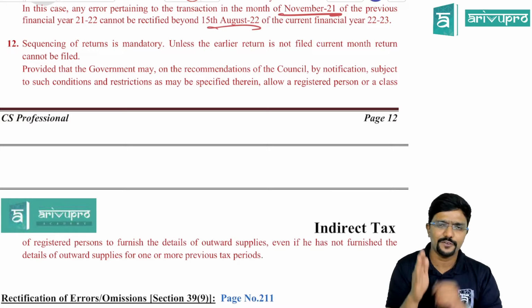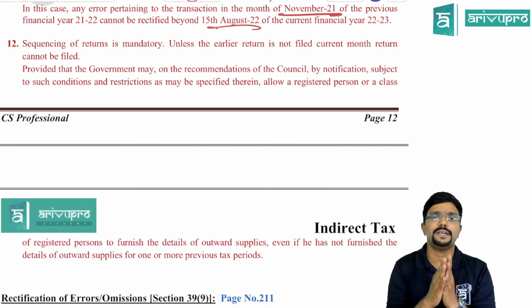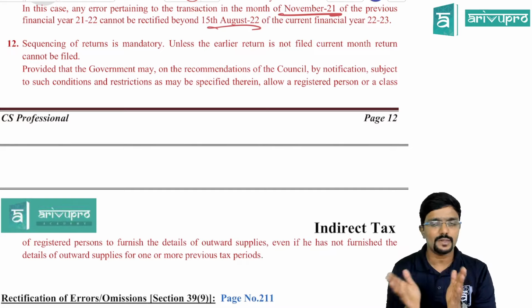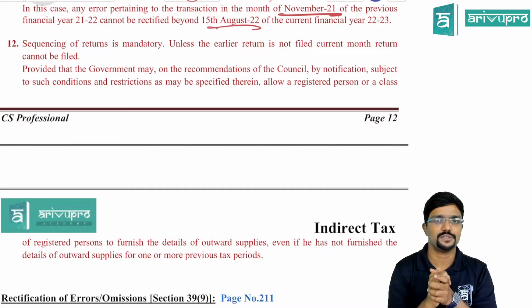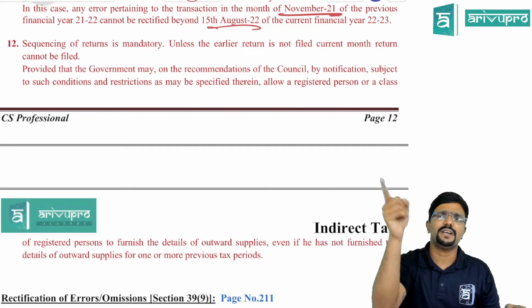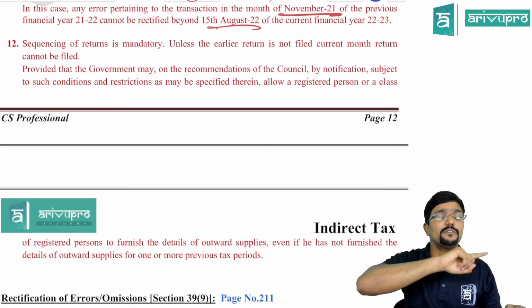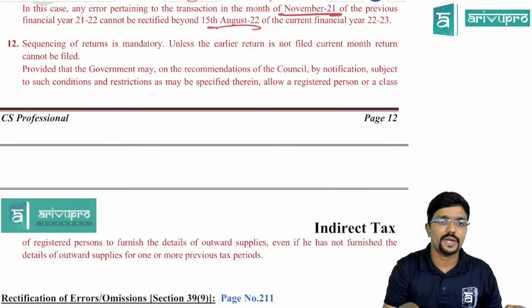Okay, means actually if you have not filed your returns for the previous tax periods, then you cannot file the returns for the next periods. But government has a power to give exemption. Even though you have not filed the returns for the previous period, government can allow a particular person to file the return for the current month, even though he has not filed the return for last month.